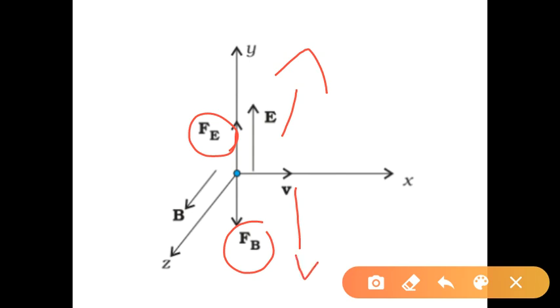Suppose both these forces have equal magnitudes. Then what will be the total force, Lorentz force? It will be 0 because they are in opposite direction, and if they have the same magnitude, they will cancel out. Therefore, in such case, if electric force and magnetic force have equal magnitude, the charged particle will experience total 0 force.